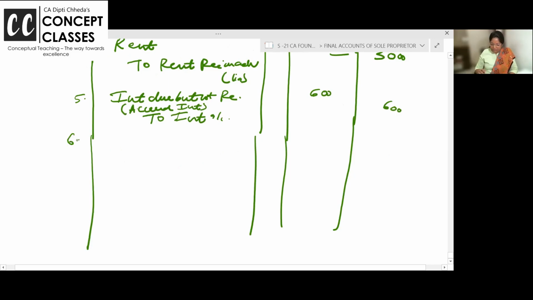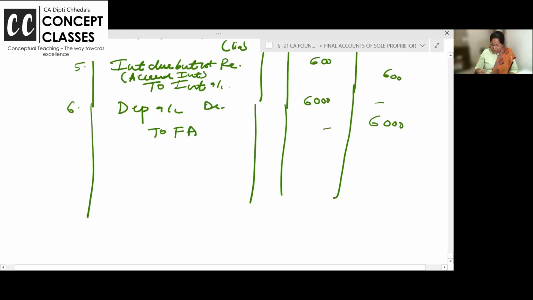Accrued interest to interest. Next, depreciation on fixed asset at the rate of 10%. Depreciation account debit to fixed assets, 10% of 60,000, 6,000.